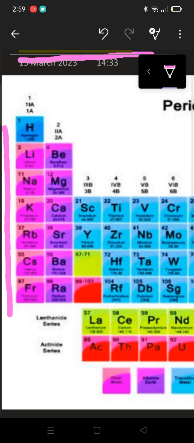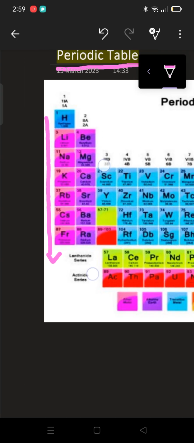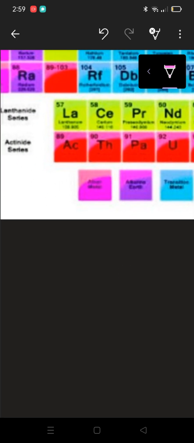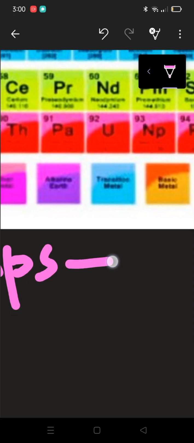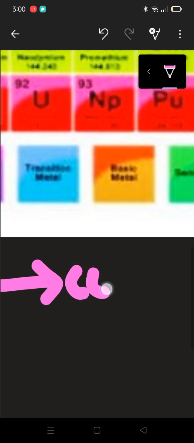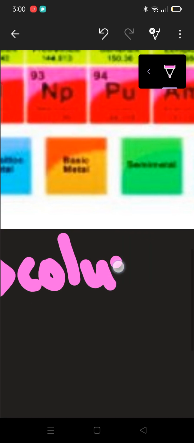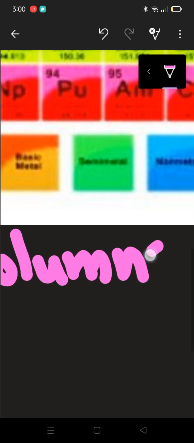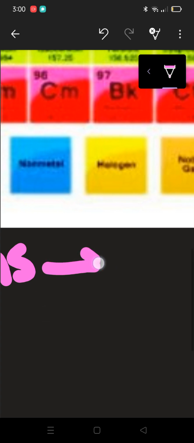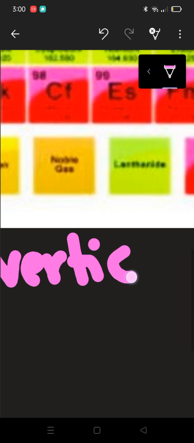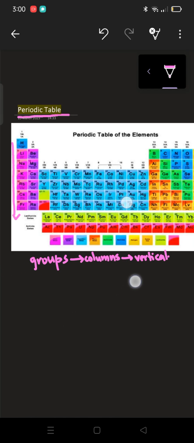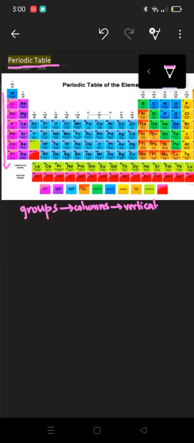These are verticals, and these are columns always. Groups are always columns, and columns are always vertical.